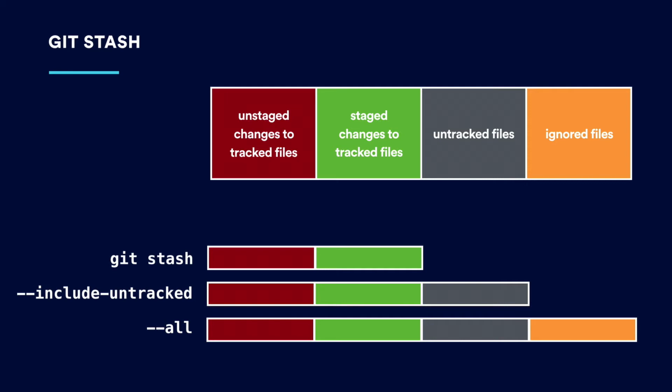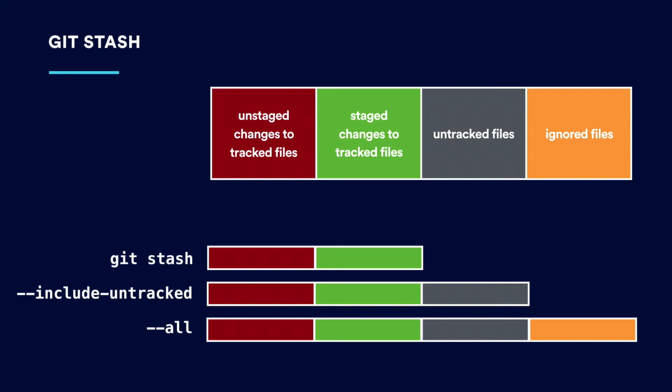And this is really powerful if you've got build artifacts sitting around in your repository that you want to put in your stash too. For example, I usually ignore build artifacts like binaries and log files, but sometimes it's useful to keep that context if I'm working on a couple of different features in parallel. So I can run git stash --all and then git stash pop, and it will actually cache all those build artifacts for me too, so I can do a proper context switch.